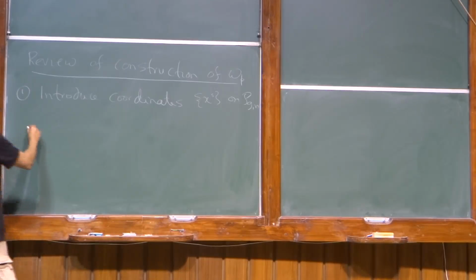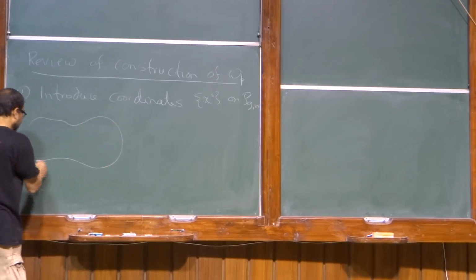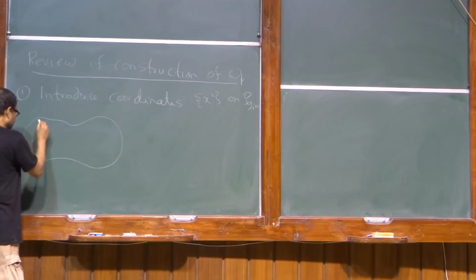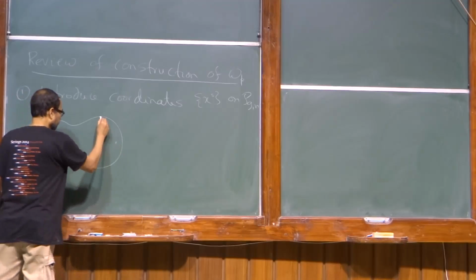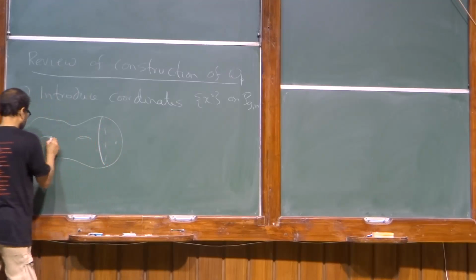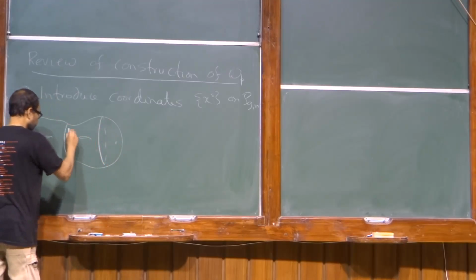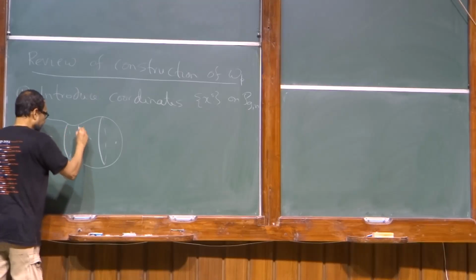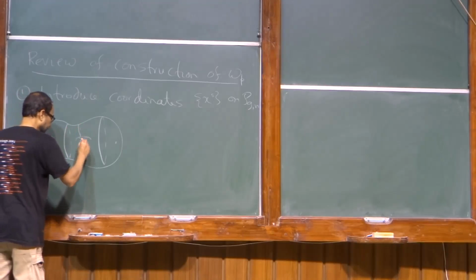So as we have discussed, we can take a general genus g Riemann surface, divide it up into three punctured spheres and disks around the punctures.